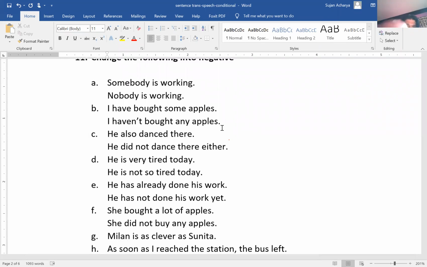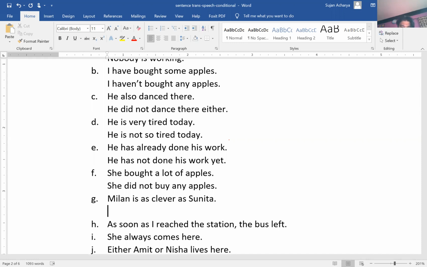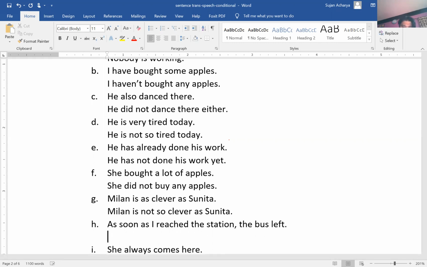Milan is as clever as Sunita. Milan is not so clever as Sunita.